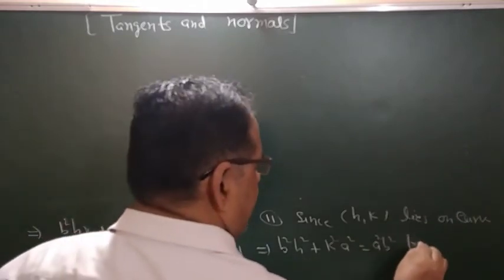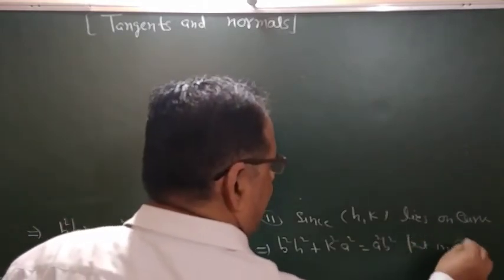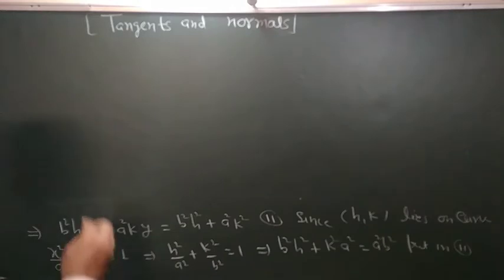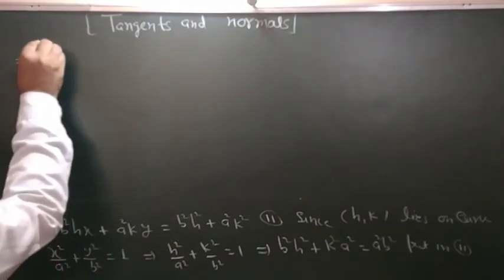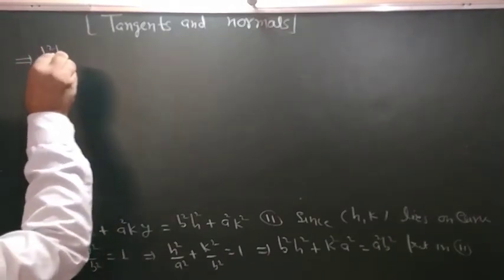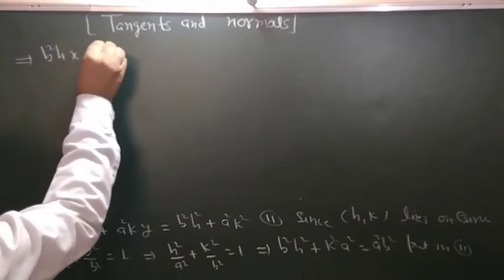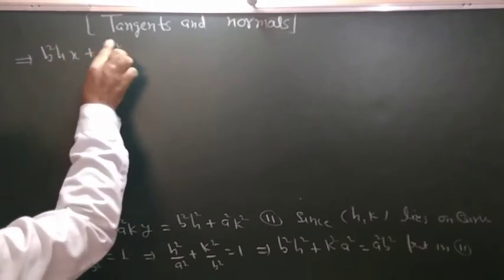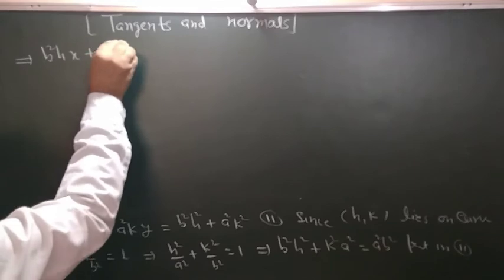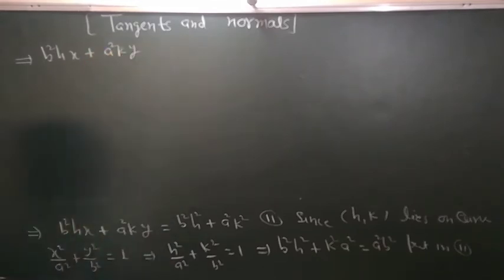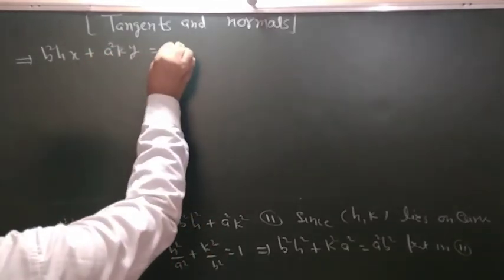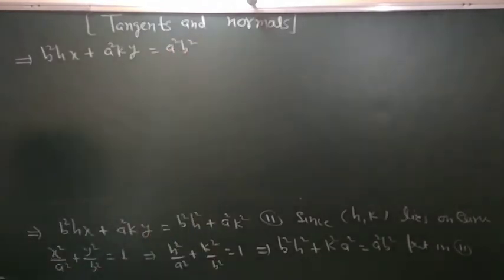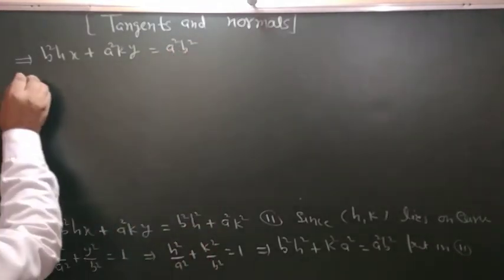Put in second. This becomes b square h x plus a square k y equal to a square b square.